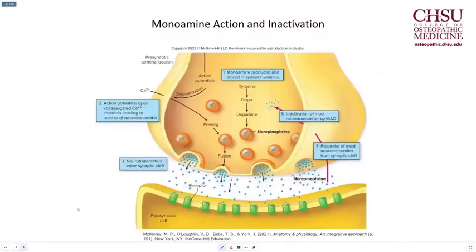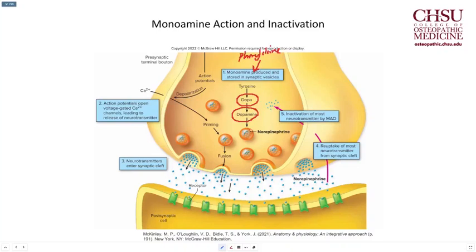Here is a visual illustration showing that. We have the aromatic amino acid phenylalanine. That goes into phenylalanine hydroxylase to tyrosine. Tyrosine hydroxylase goes to dopa. And dopa to dopamine requires the aromatic amino acid decarboxylase.